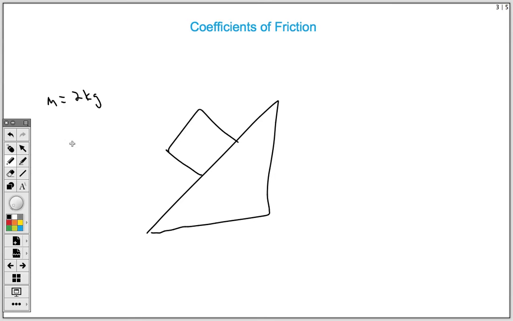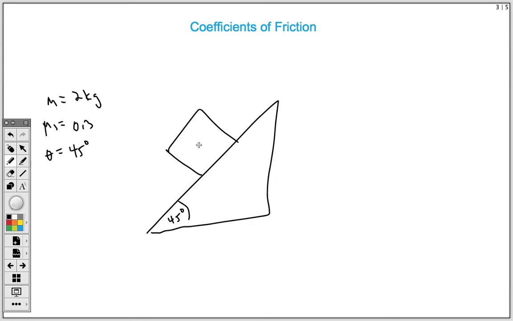Let's say that our coefficient of static friction is 0.3. And let's also say that our angle is 45 degrees. Okay, we want to know, based on this information, will this block accelerate down the incline?